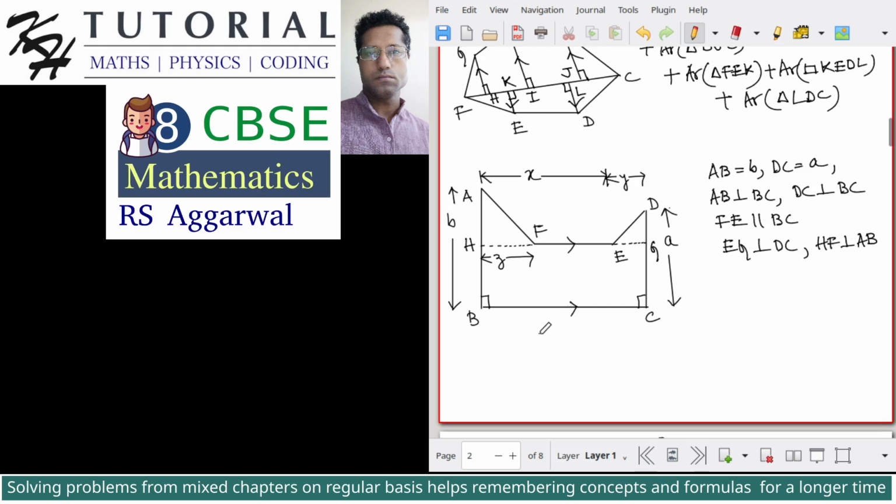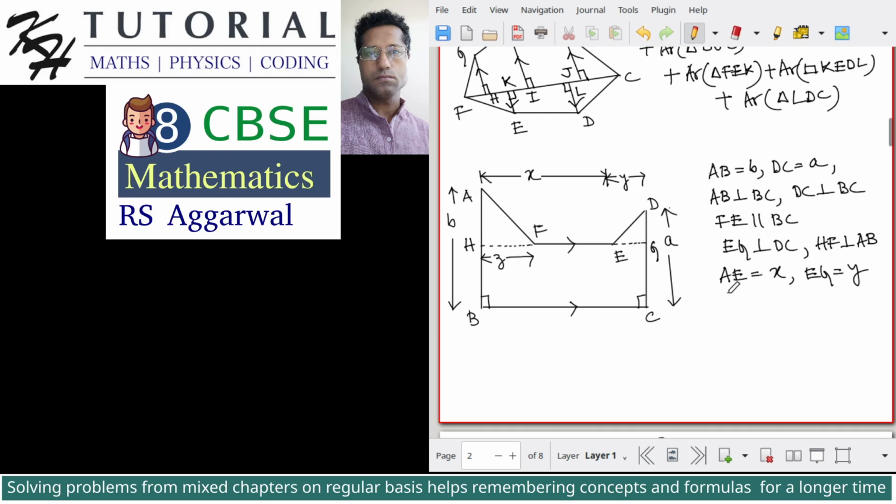So how do we find the area of this hexagon? If we notice, some other dimensions are also given: AE is equal to x, and EG is equal to y.